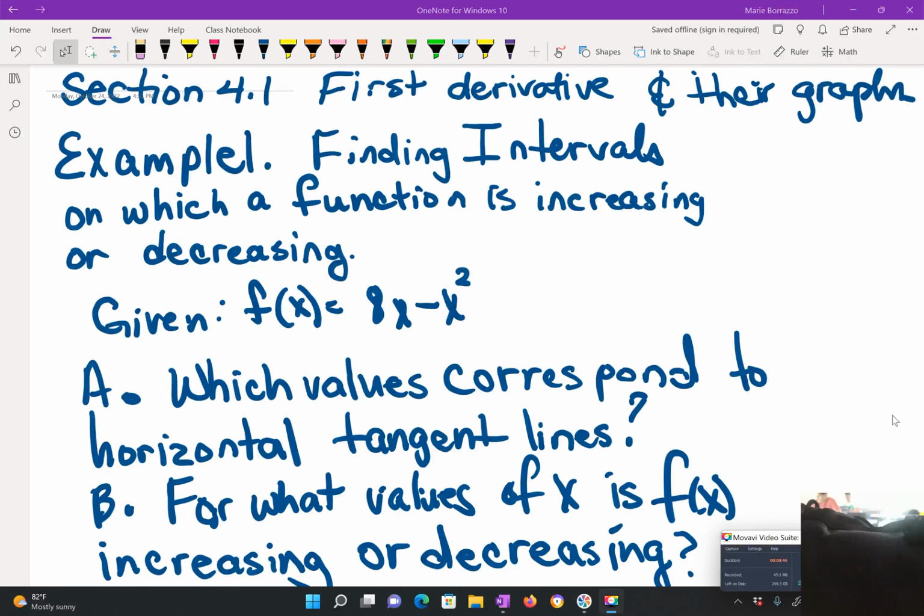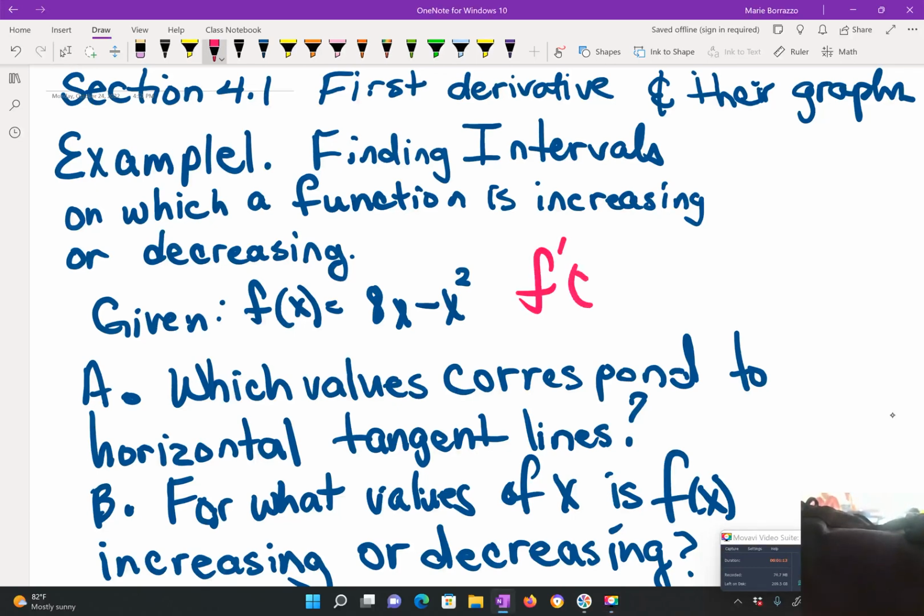In this first example 1, I'm talking about finding intervals on which a function is increasing or decreasing. The function that they give us, the f of x, the original displacement function, is 8x minus x squared. The first thing you're going to want to do is take the first derivative.